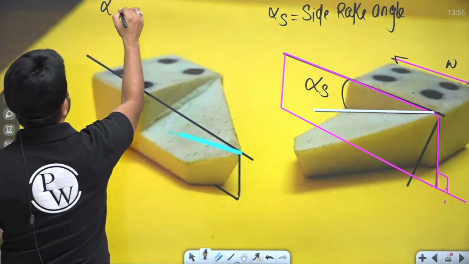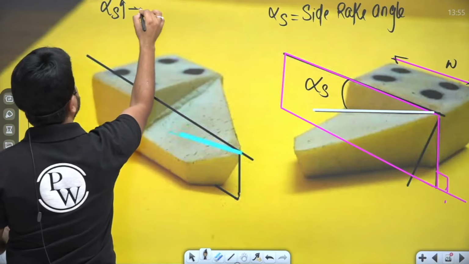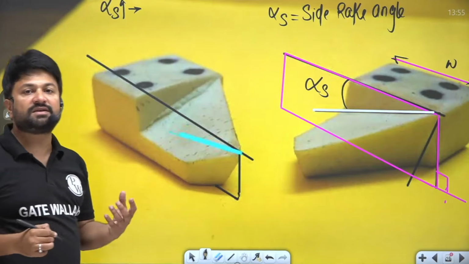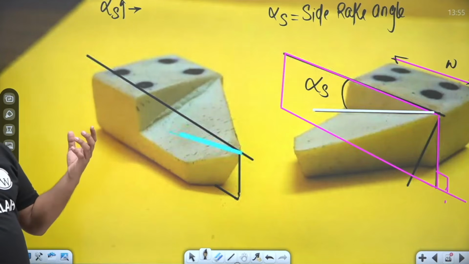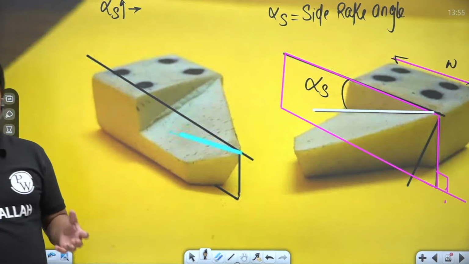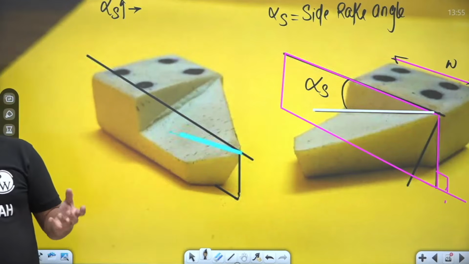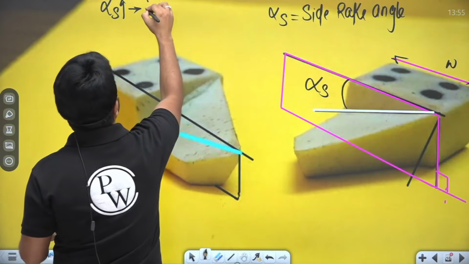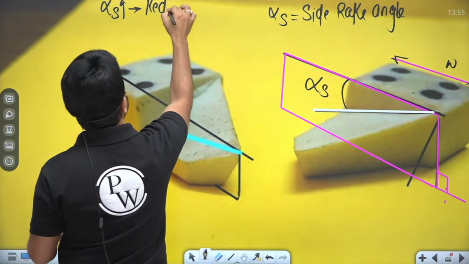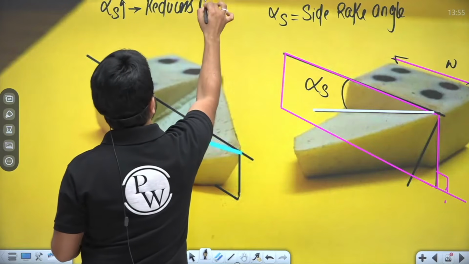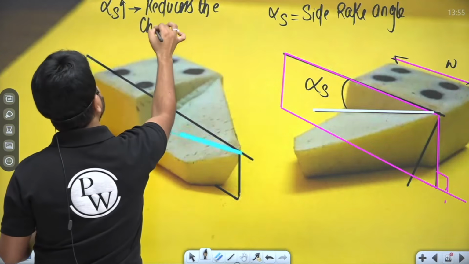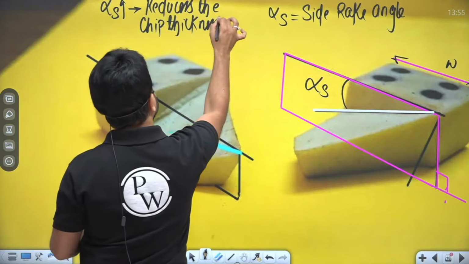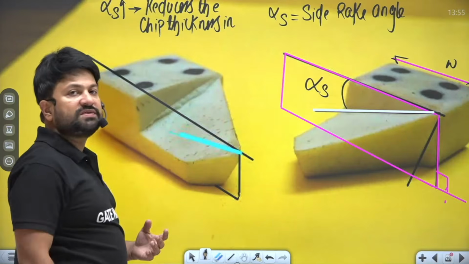If you increase the side rake angle, then the chip thickness is going to be reduced. Increasing the side rake angle reduces the chip thickness in machining, because this tool is generally used in turning operation.